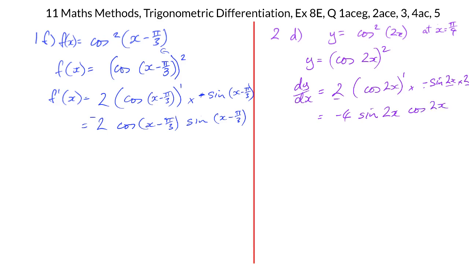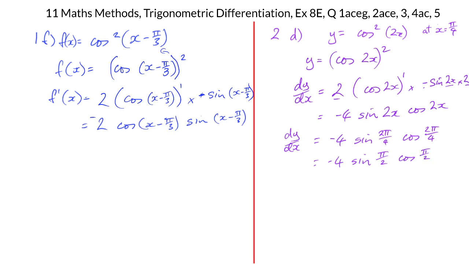Now that's the derivative, but we're told to find out what's its value when x equals pi on 4. So I'm going to substitute in negative 4 sine of 2 pi over 4 times cos of 2 pi over 4. And we simplify that, it's negative 4 sine of pi over 2 and cos of pi over 2.